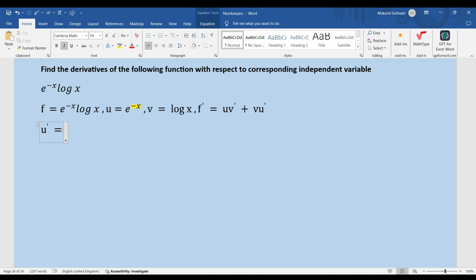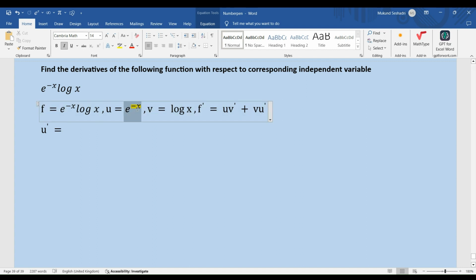My chain rule states that d by dx of f of g of x, right, is equal to f dashed with respect to g of x into g dashed of x, right? So what is my du with respect to minus x? With respect to minus x, my du is nothing but e to the power minus x itself, right?